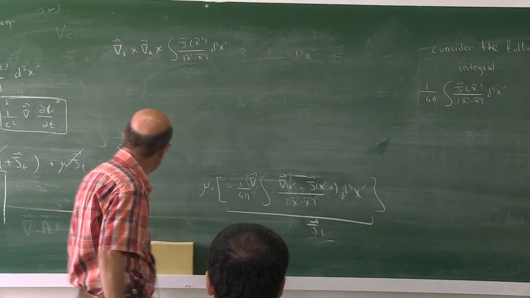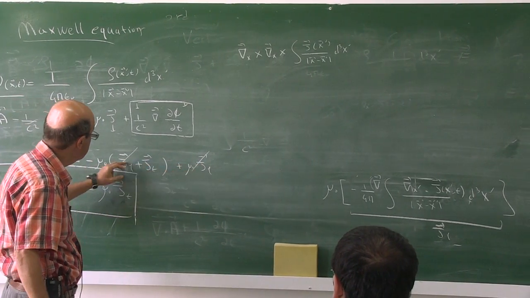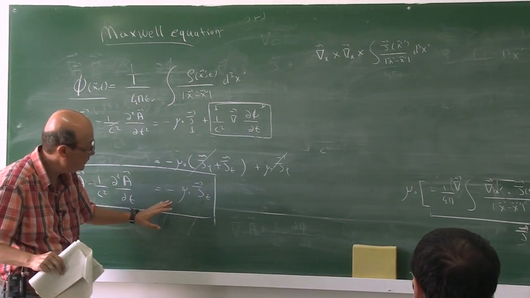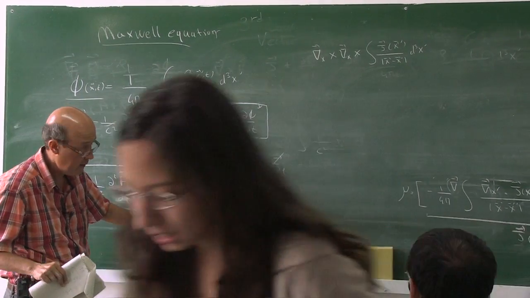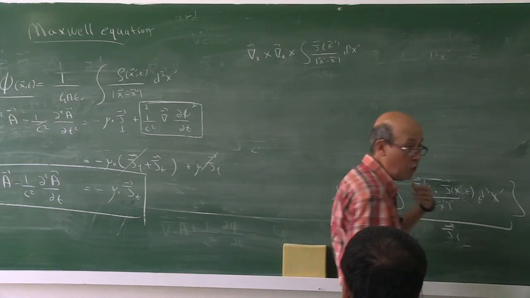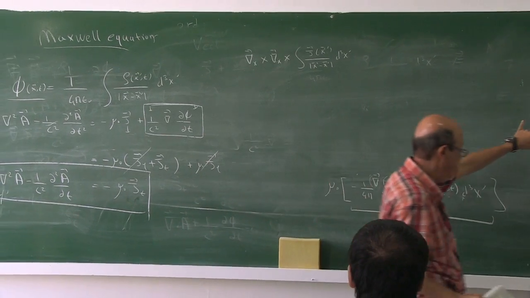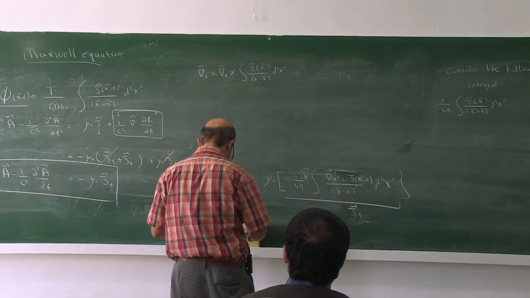And under this condition, this term cancels out and you can have the non-homogeneous wave equations for the transverse current density. Now I am trying to show you that this piece indicates the longitudinal current density. So I take this particular integral, and I take the curl of curl.